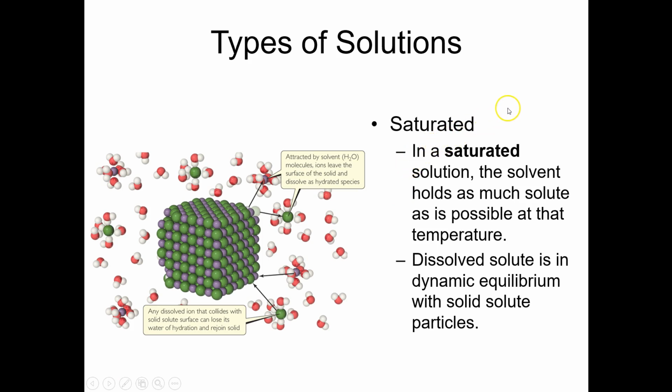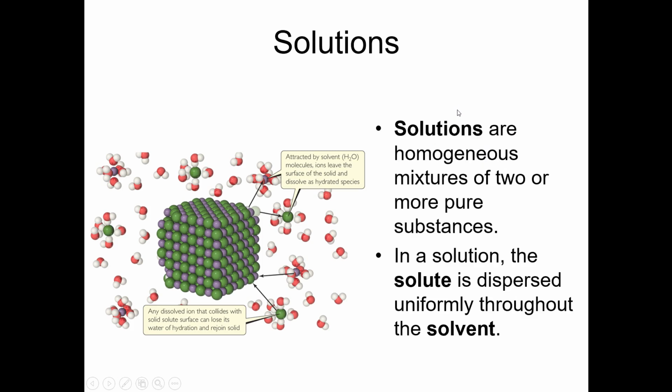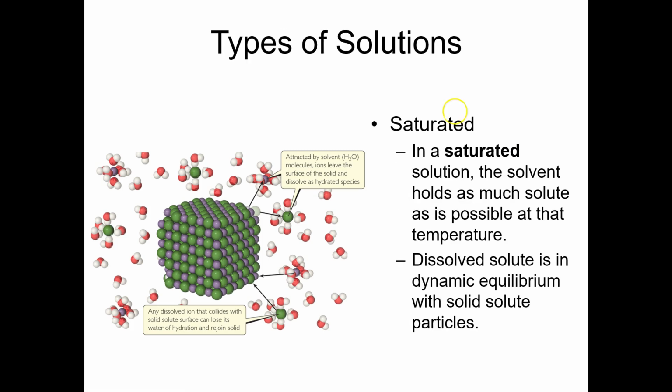But we can really think about three different types of solutions: a saturated solution, an unsaturated solution, and a supersaturated solution. A saturated solution means you've got the maximum amount of solute dissolved in that solvent that can exist in equilibrium with undissolved solute. You know you've got a saturated solution when you have some undissolved solute at the bottom that can't dissolve anymore.